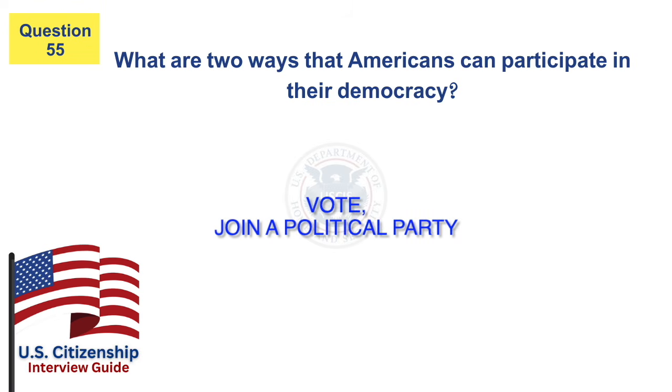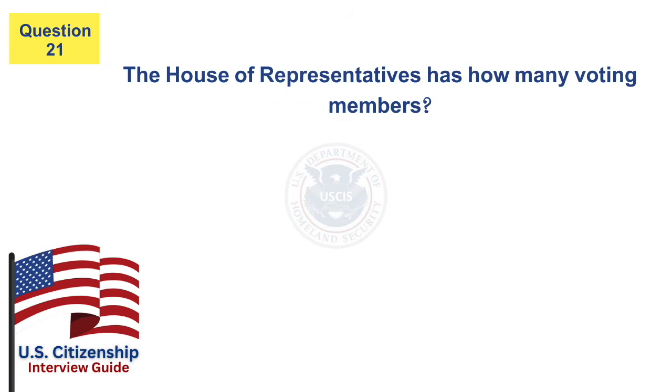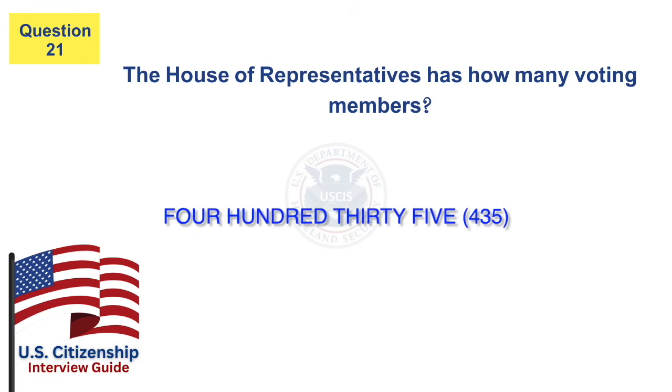Vote. Join a political party. The House of Representatives has how many voting members? 435.